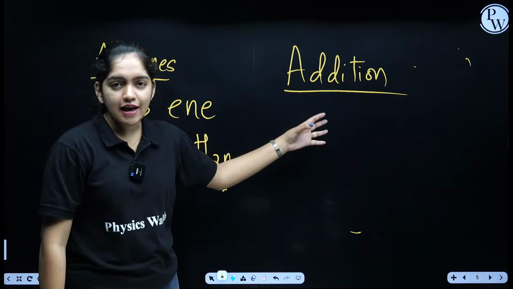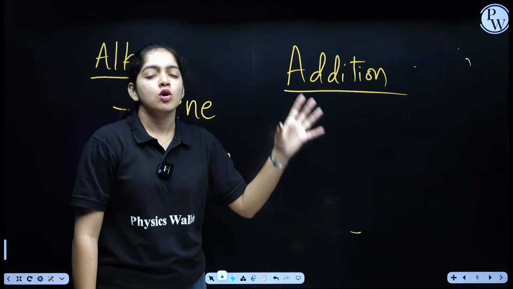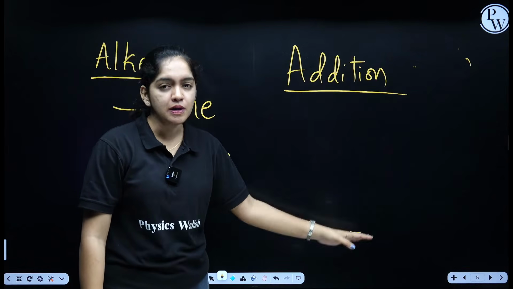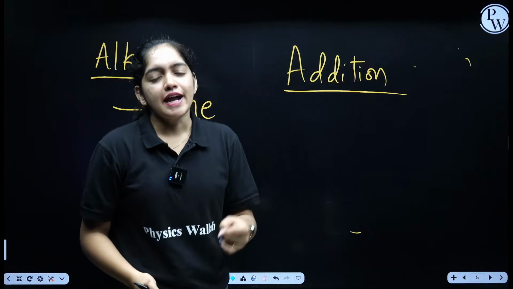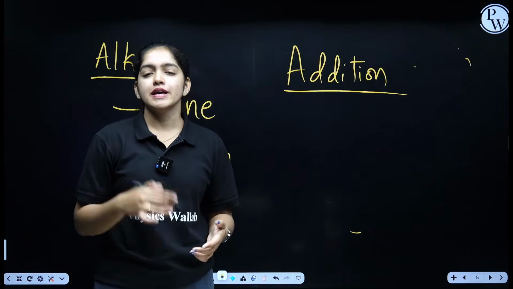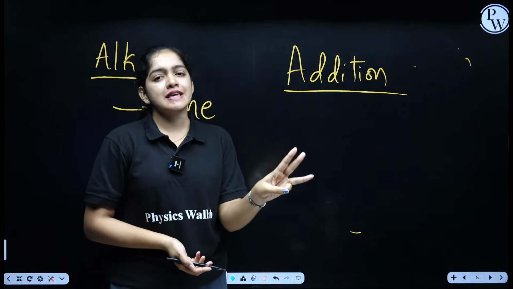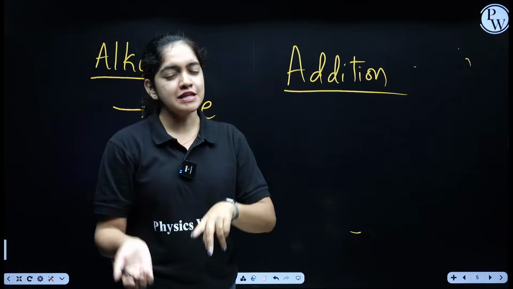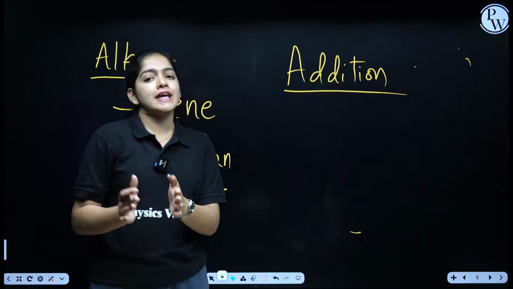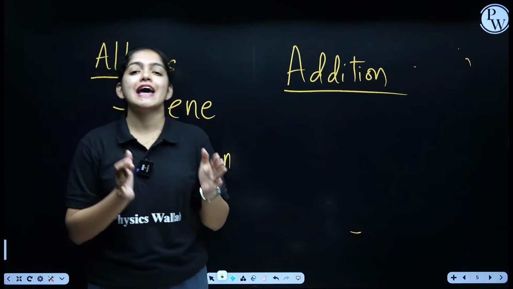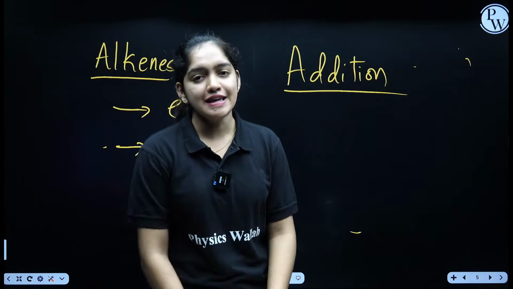In addition reaction, we add atoms or molecules to the double bond or triple bond. When we add an atom to the double or triple bond, if double, it will change to single. If triple, it will change into double, then double will change into single. That means converting unsaturated compounds into saturated compounds. That is meant by addition reaction.